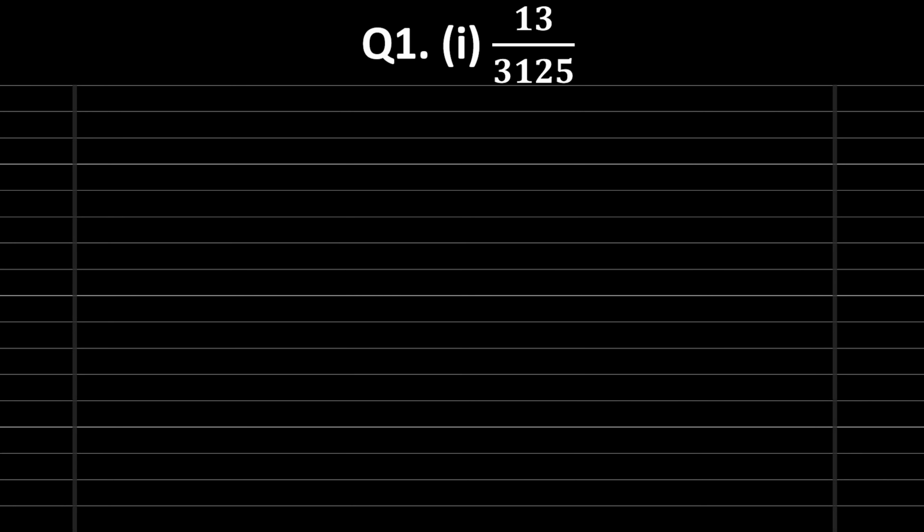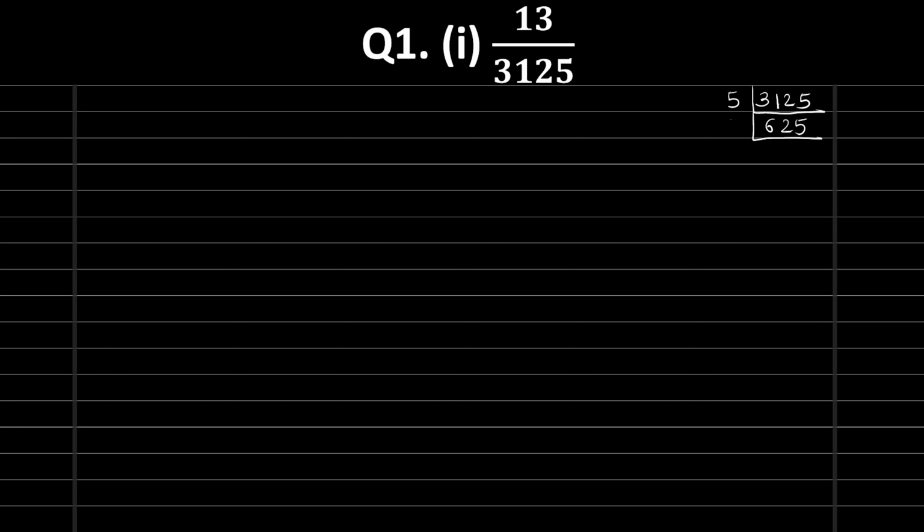Now the first subpart here is 13 upon 3125. So the first step that we are going to perform here would be, we will do the prime factorization of 3125. So let's start. 3125. First of all, let's divide it by 5. We will get 625 as a quotient.